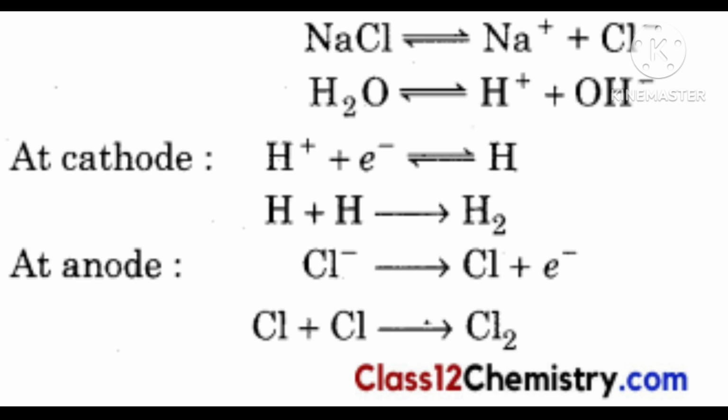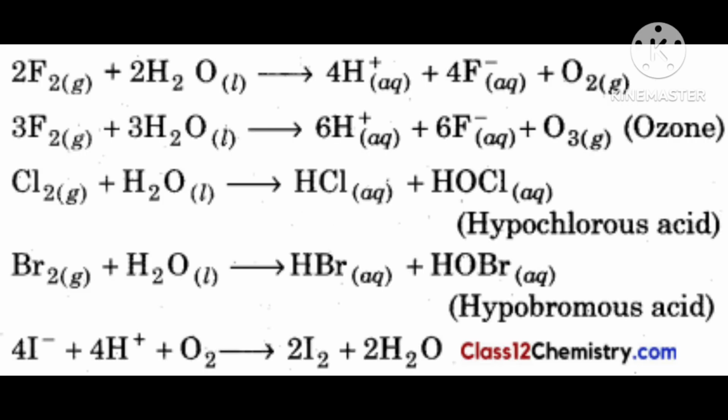And the Ka value, you know, is the dissociation constant of an acid. By the Ka value you can tell which acid is strong or weak. If the Ka value is more, the acid is strong.